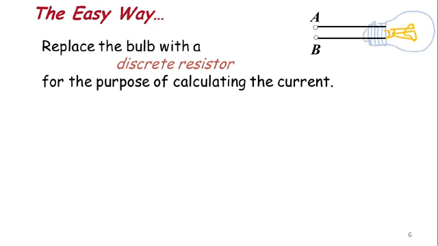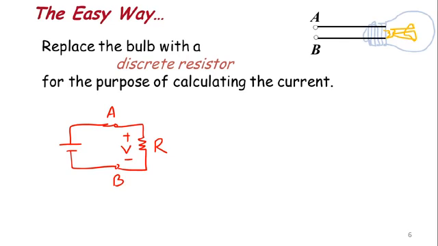As I said, we'll replace the bulb with a discrete resistor for the purpose of computing the current. Let me draw a little picture. Here's my representation for the battery. Here are my two points A and B representing the two terminals of the bulb, and I'm going to replace the bulb and model it as a resistor with resistance R. There's going to be some voltage V across the resistor, and my goal, as I said earlier, was to figure out the current I. So I've replaced the bulb with a resistor, a discrete element that serves as a model for the bulb.